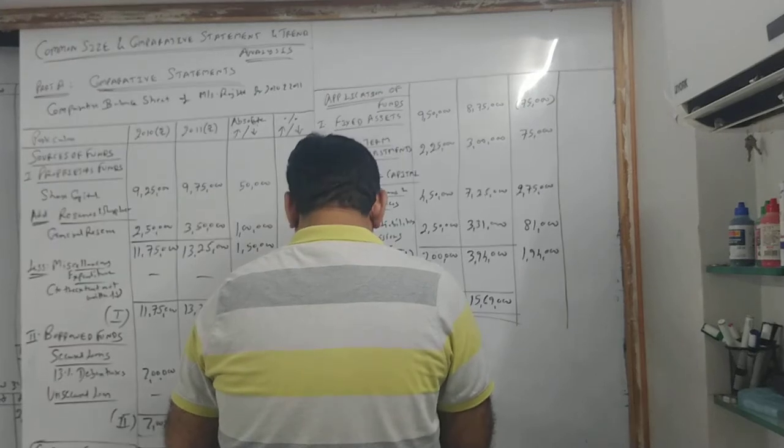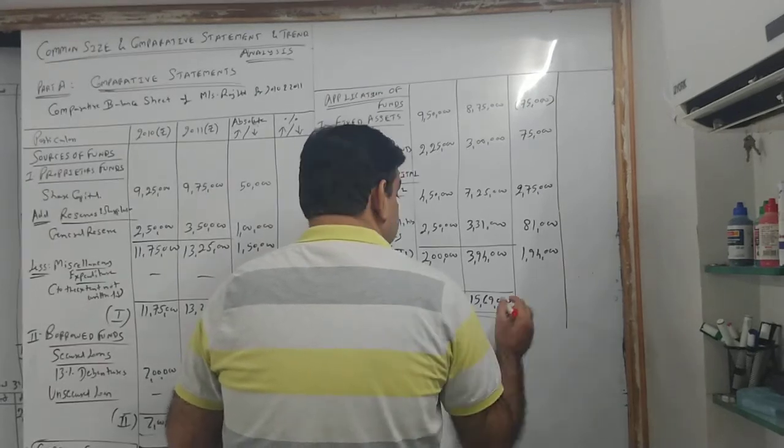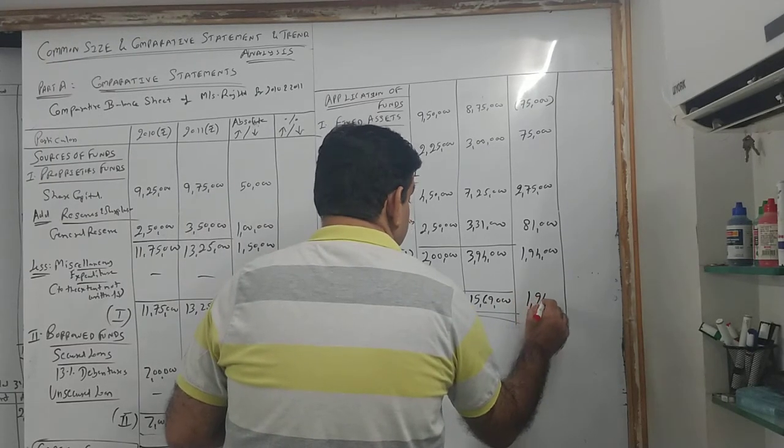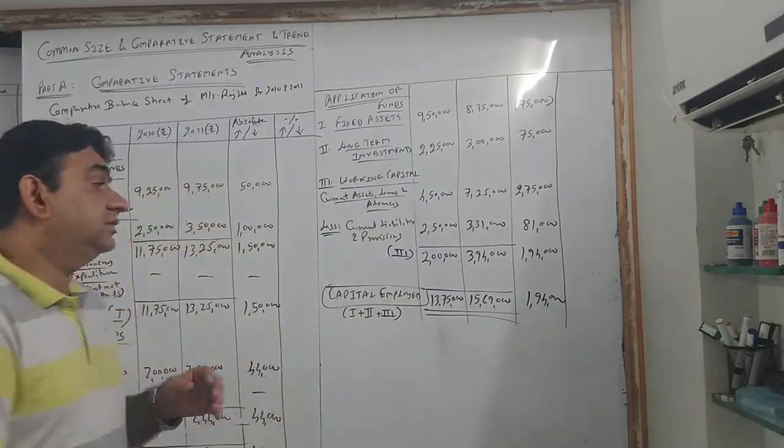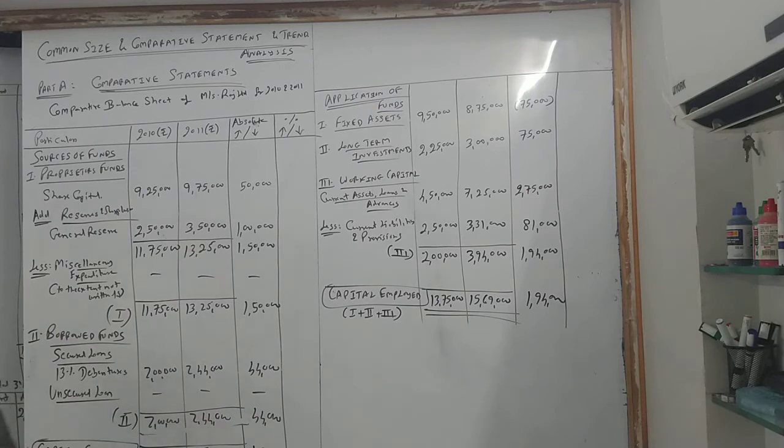So 1569 minus 1375. This is also 1,94,000. Getting it?